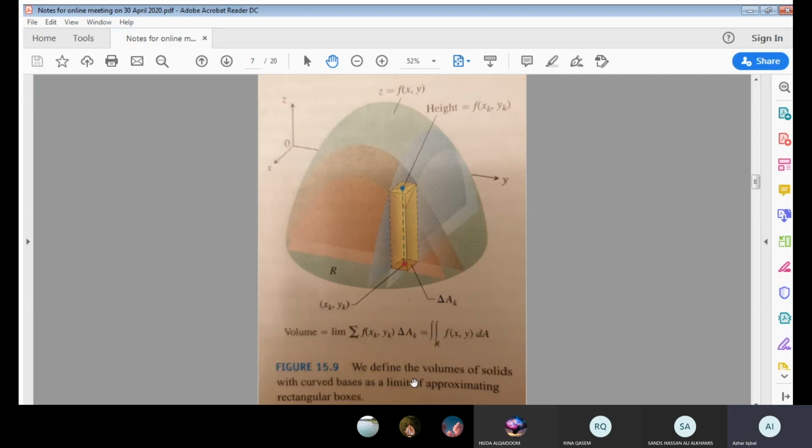So the volume of the solid with the curved base: the wording here refers to the curved base of the region in the xy plane.